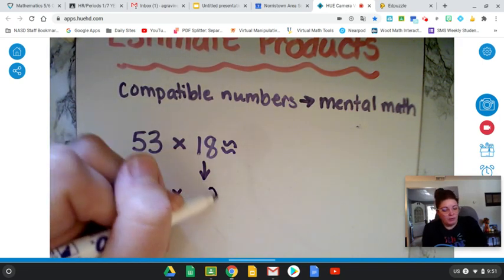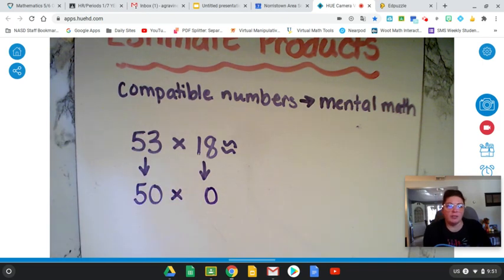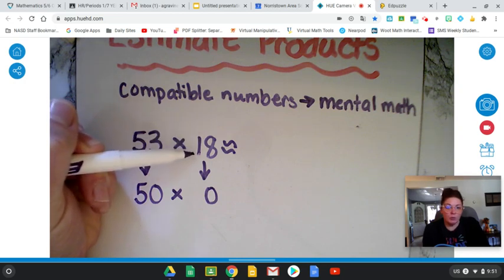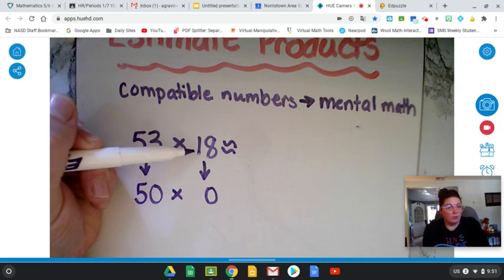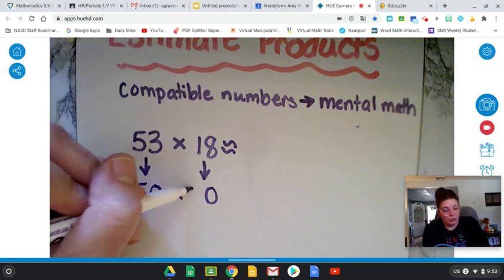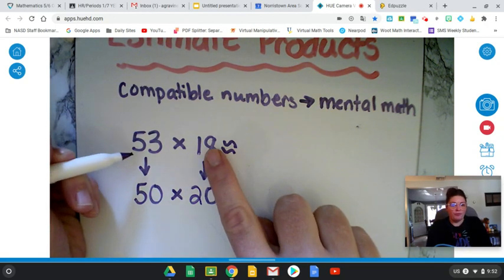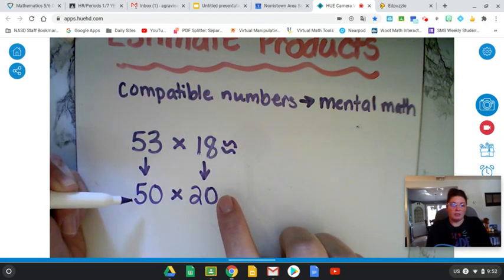Remember, I want a 0 in my ones place. So is 18 going to be closer to 10 or the next 10 up, which would be 20? On a number line, 18 is closer to 20. So I've rounded both factors to get my estimate.